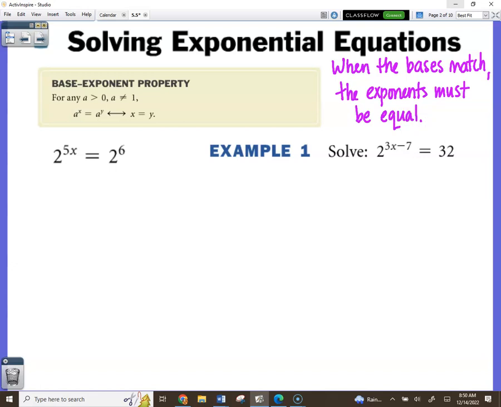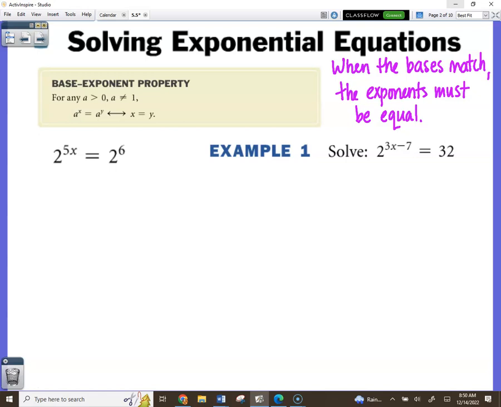So if you have a very simple exponential equation in front of you and the bases match, like this first one right here, 2 to the 5x equals 2 to the 6. Solve. Well, both bases are 2, so whatever the powers are has to be equal, right?